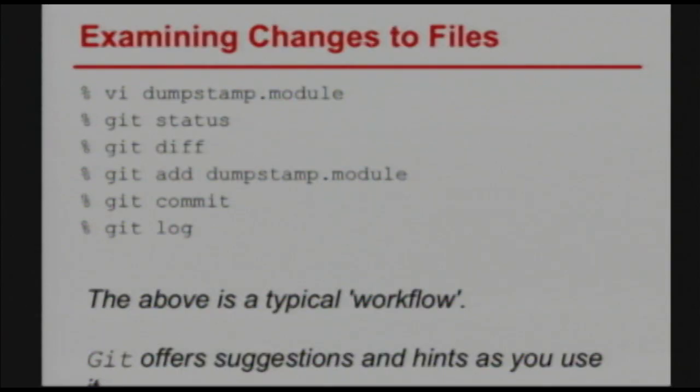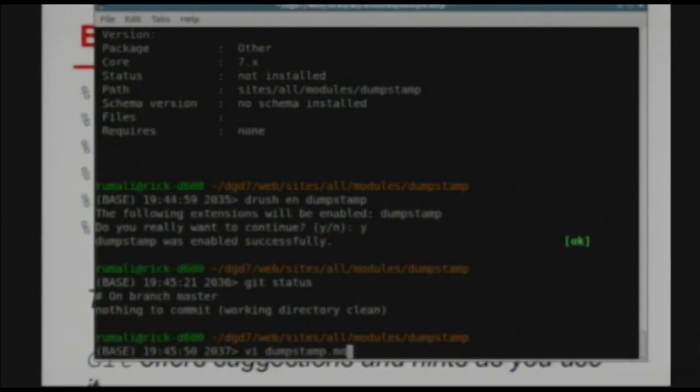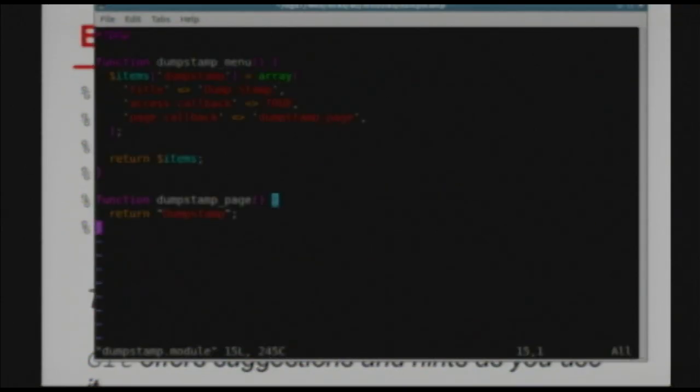So let me go and make another change. Now I'm going to do this twice more, so I'm going to speed this part up. Let's say I want to make a change to this. I'm going to try doing this a slightly different way. All I've done now is I've replaced the method that prints the word dumpstamp with a more sophisticated looking method. It uses a Drupal render array.